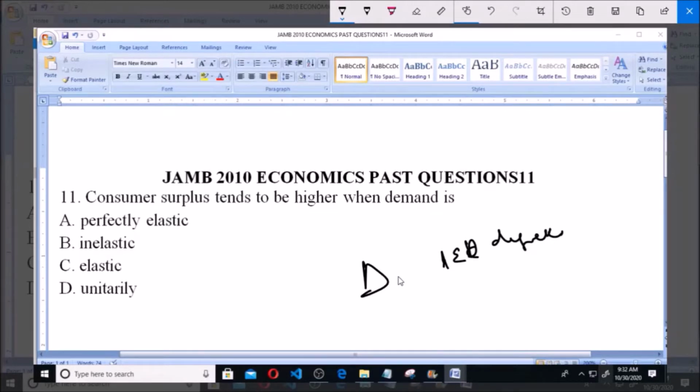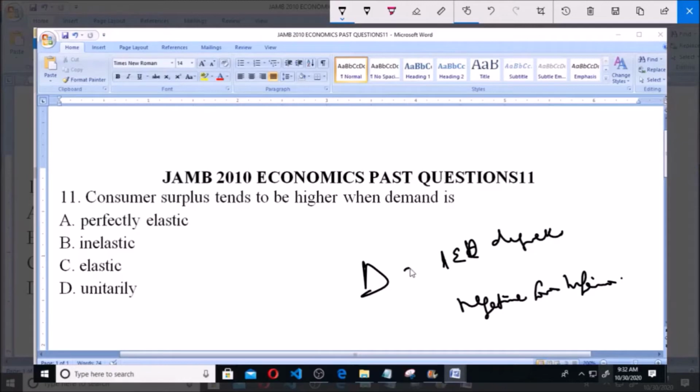It should be noted that income elasticity of demand is negative for inferior goods, since an increase in income will lead to a decrease in demand.